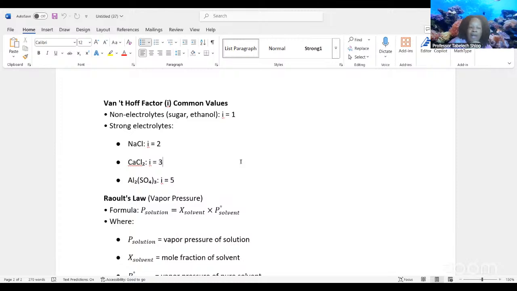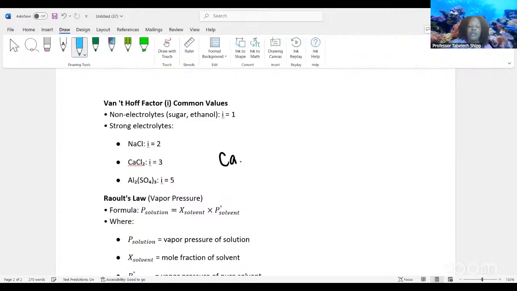On the other hand, if I give you another formula like calcium chloride, okay, calcium chloride has a Van Hoff constant of 3. Why? Look at the formula for CaCl2. You have 1 calcium ion plus 2 chlorine ions, and that's how we get 3.